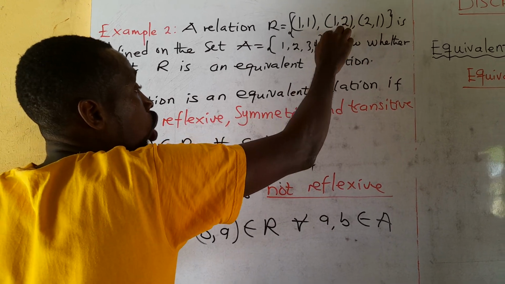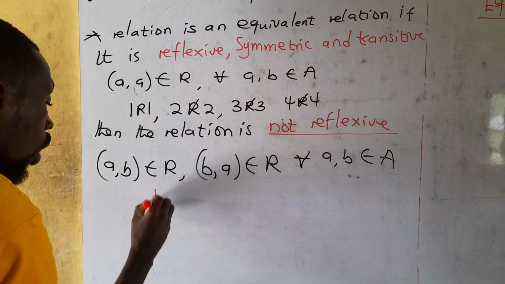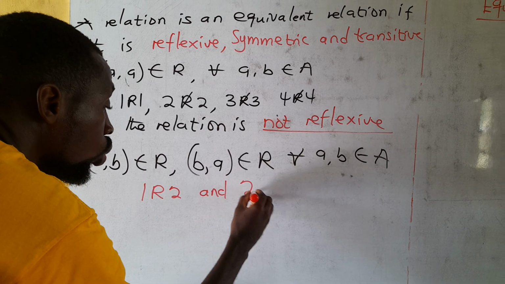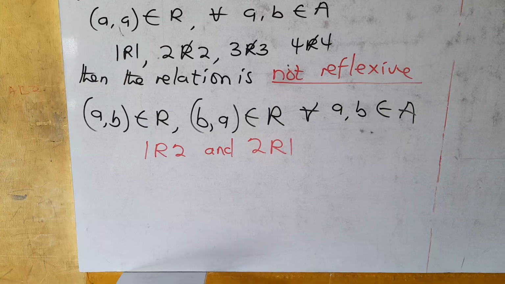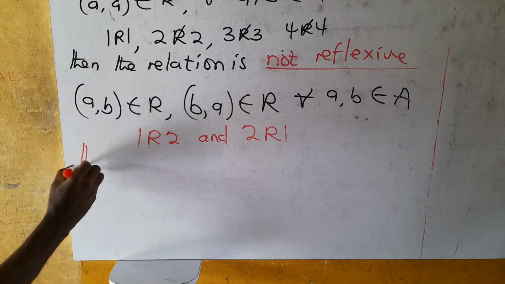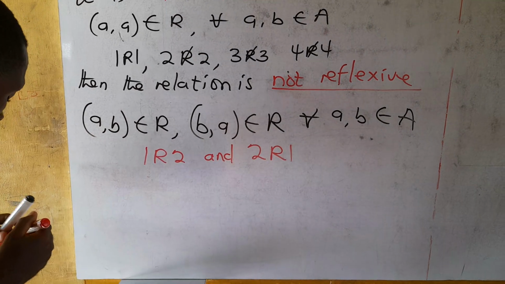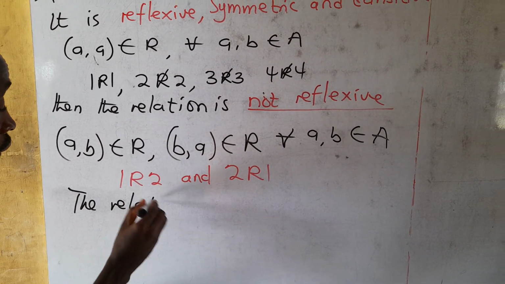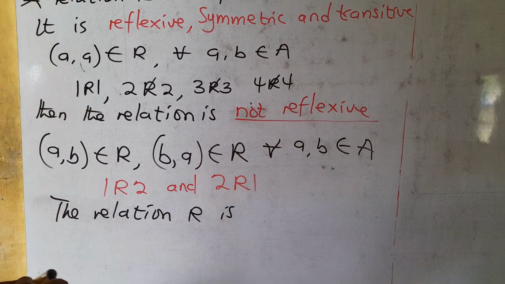So we check whether 2 also relates to 1. Yes, 2 also relates to 1. Then we don't have a problem. You see that 1 relates to 2 and 2 relates to 1. Then we can say the relation R is symmetric.